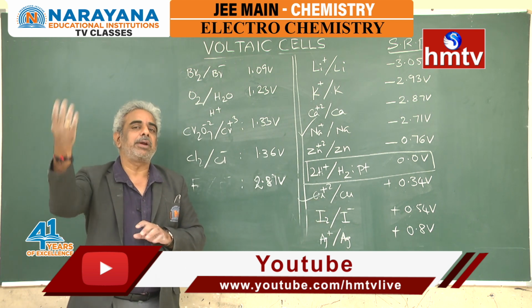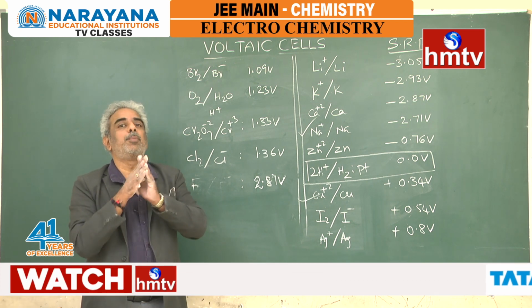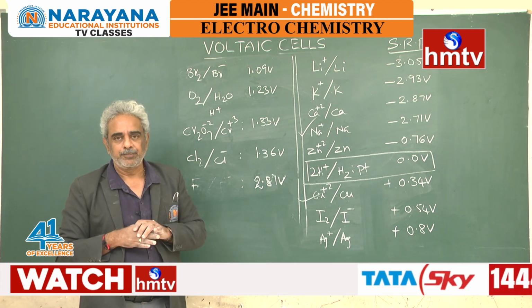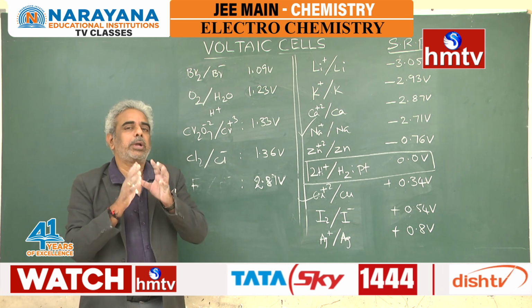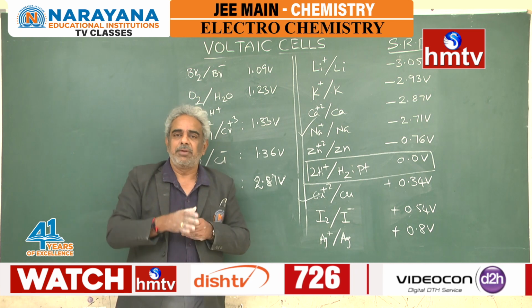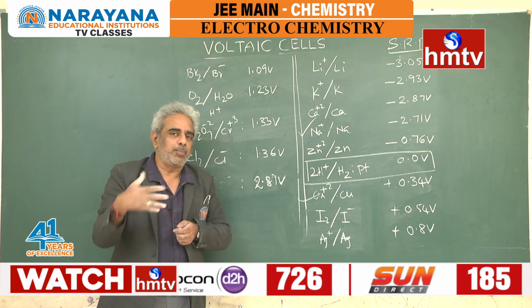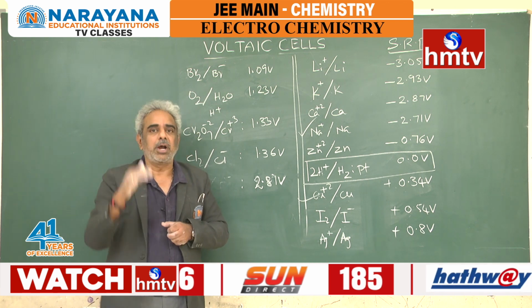Metals with negative reduction potential are more active than metals with positive reduction potential. Therefore, you can conclude that metals with negative reduction potential will always kick out or reduce the metals with positive reduction potential from their compounds.